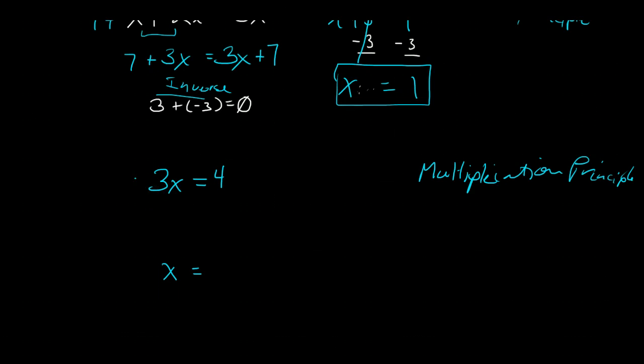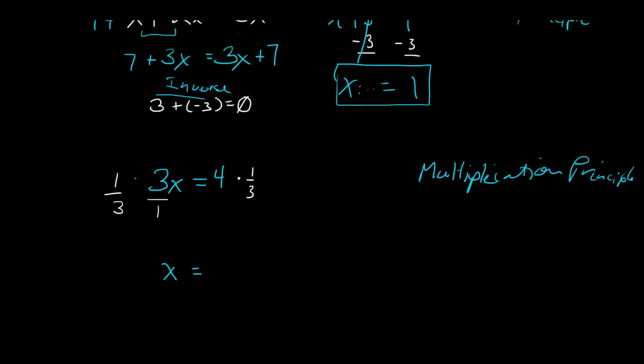So 3 is essentially saying 3 over 1. So the inverse of that would be 1 over 3. And then I can multiply this side by 1 over 3.